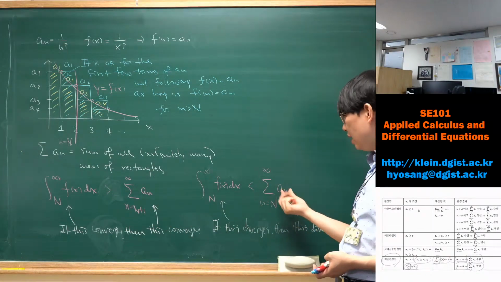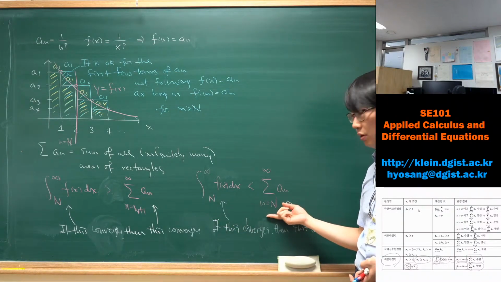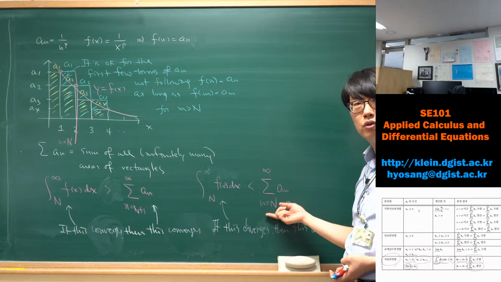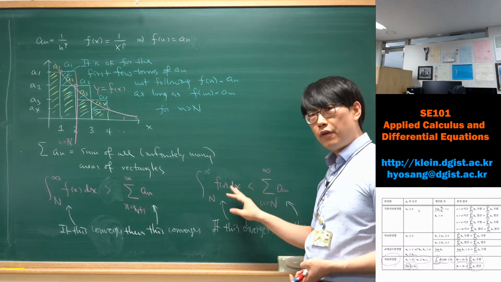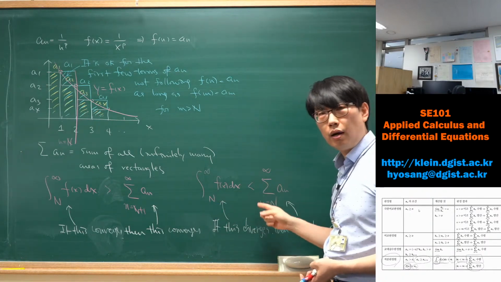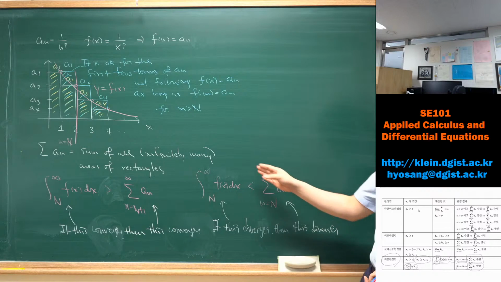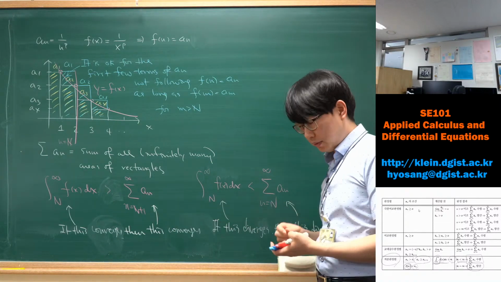It's just the a_N difference between these two infinite series. It doesn't matter for checking whether these converge or diverge. So basically, the convergence and divergence of this improper integral and the tail of the series are the same. So we can simply look at this improper integral to check whether the series converges or not.